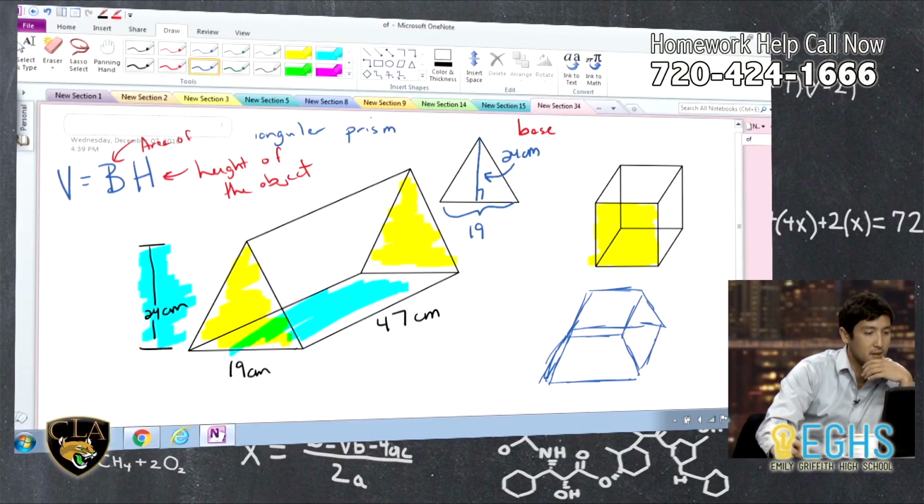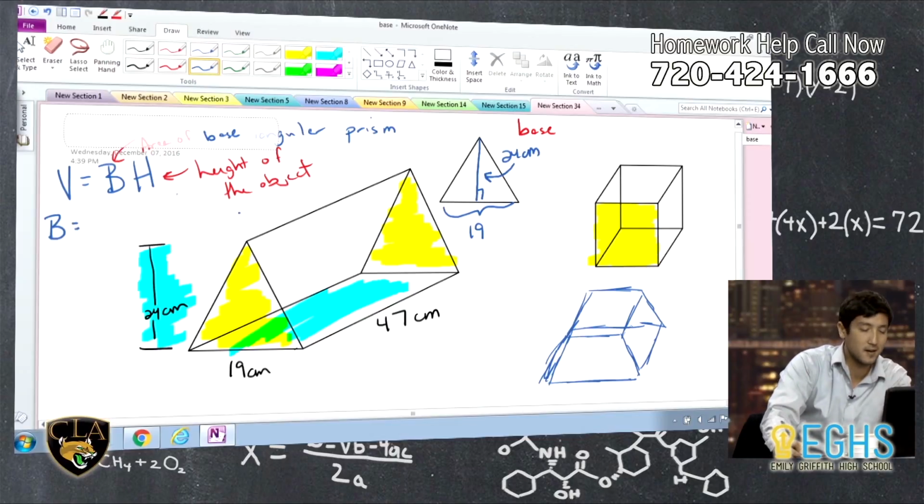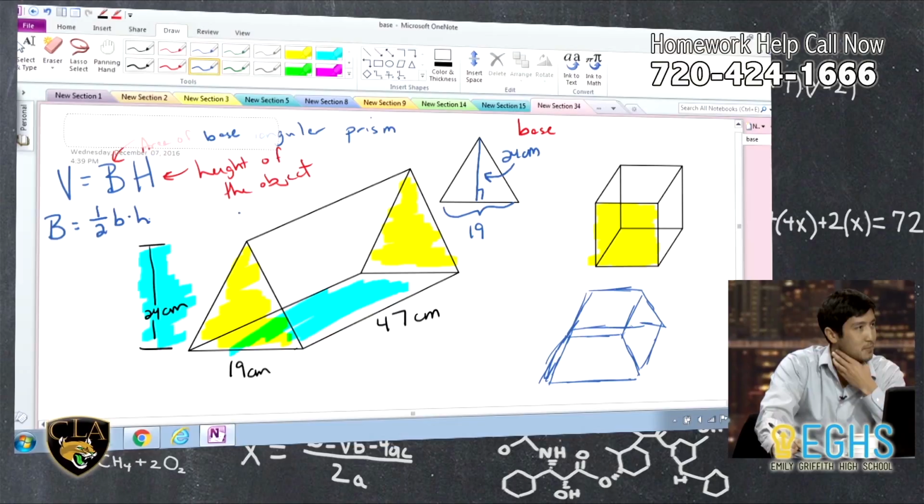But we want the area of the base, and in this case my base is a triangle. So we need to think about what the area of a triangle is. The area of a triangle is half its base times height. Now the difference between the capital B and the lowercase b is that the capital B represents the area of the base, whereas the lowercase b is specifically talking about that triangle.